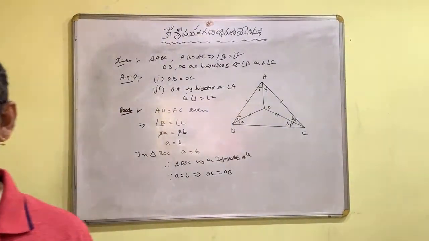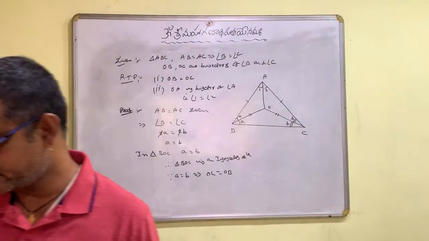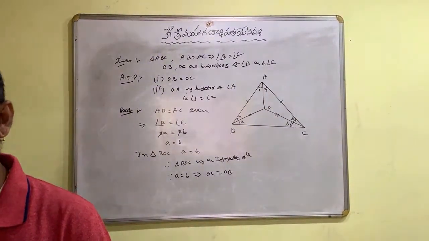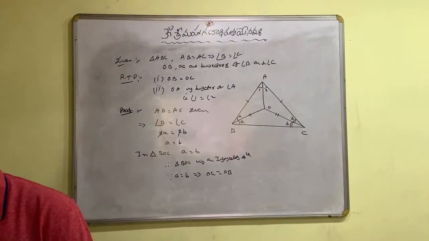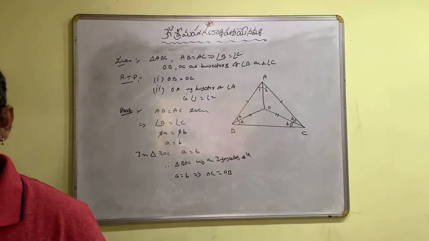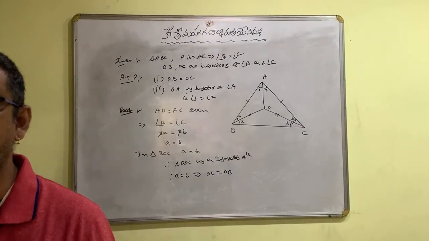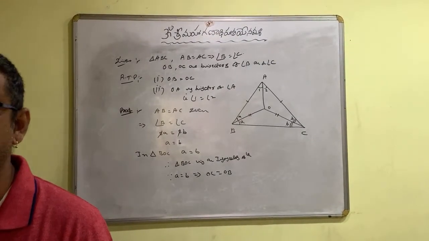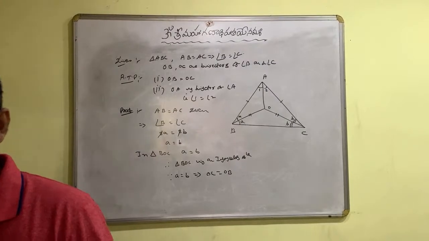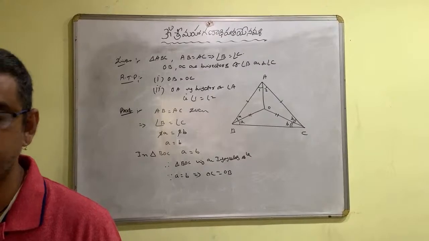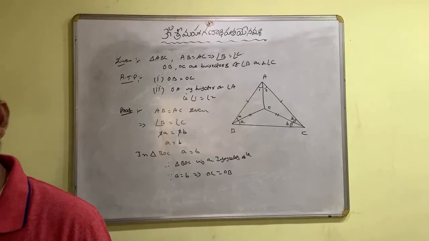Can I say AOB is congruent to AOC? If yes, what criteria? And what are the parts that are equal?